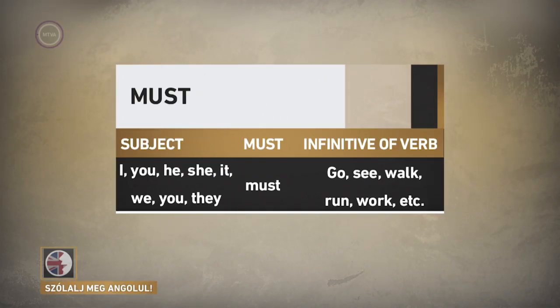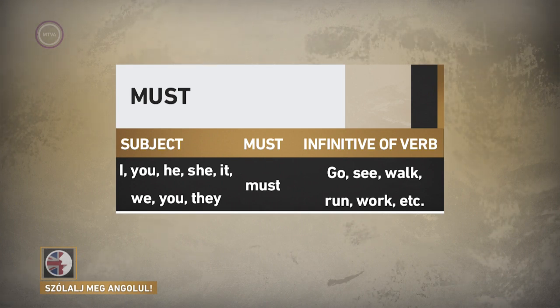Now, another difference we all remember is connected to the form of the 2 ways of indicating obligation. When we use must, there is only one form. It's very simple. I, you, he, she, it, we, you, they, all use the same form. Subject plus must plus infinitive.